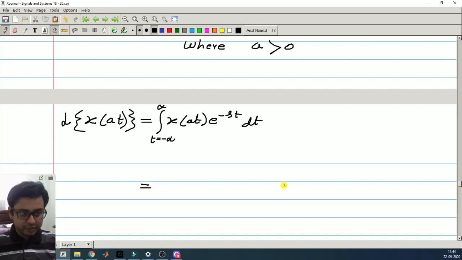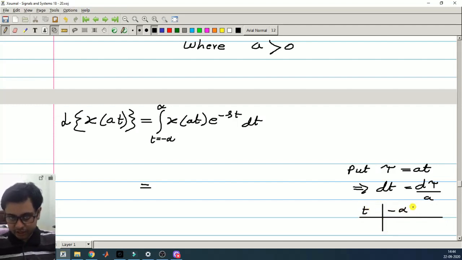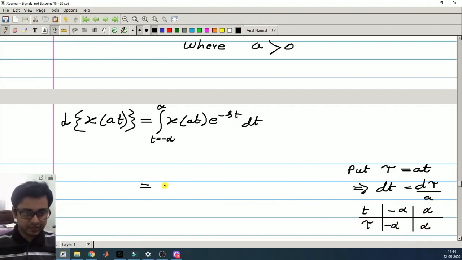Now let me substitute tau equal to at, so that means dt will be equal to d tau by a, and the limit of integration, which was t from minus to plus infinity, will become tau from minus to plus infinity.